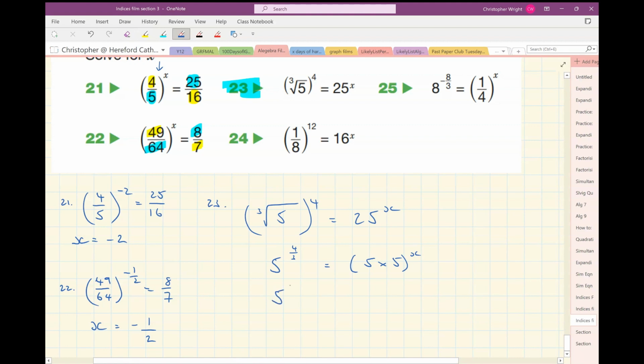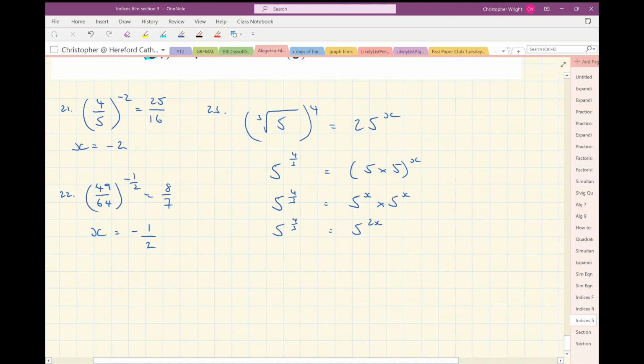So 5 to the power of 4/3 is 5 times 5 to the power of x, which is 5 to the power of 2x. So now I've expressed both left and right side in base 5, I can see that that power must be equal to that power. So 4/3 must be equal to 2x, in which case x is equal to half of 4/3, 2/3.